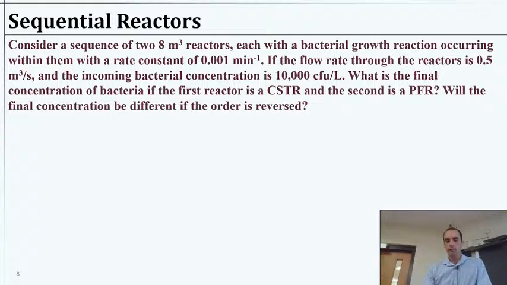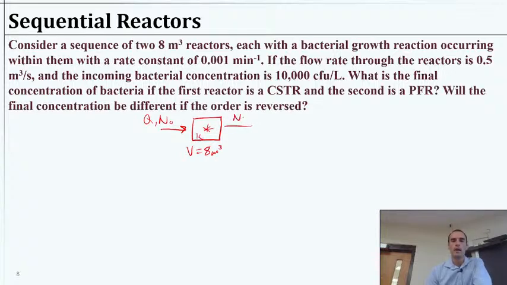Okay, so let's first of all draw that up. So we have first reactor is a CSTR. It's got some volume, it's 8 cubic meters. We have a flow rate, an incoming concentration. We have this is going to be well mixed. We have a K in here, and so we have some N1 leaving it.